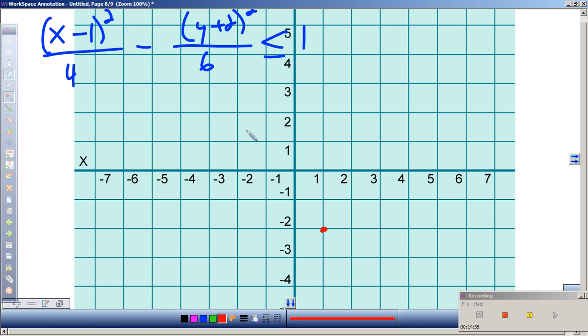Okay, so what's the slope, approximately, of the asymptote? Root 6 over 2, which is approximately what? So we do it with a calculator.